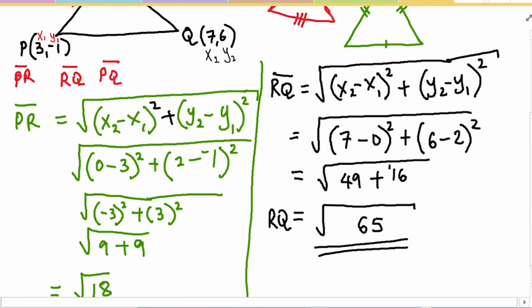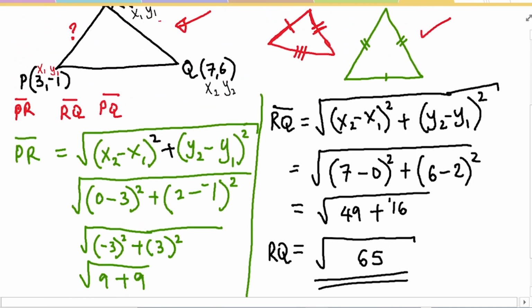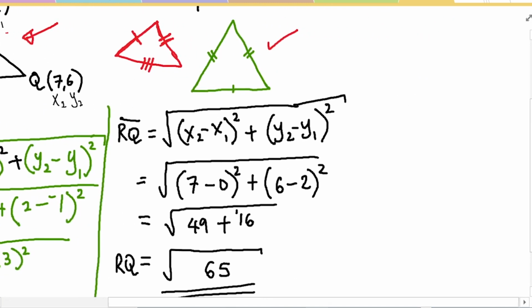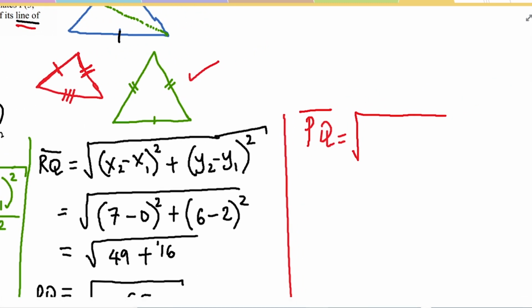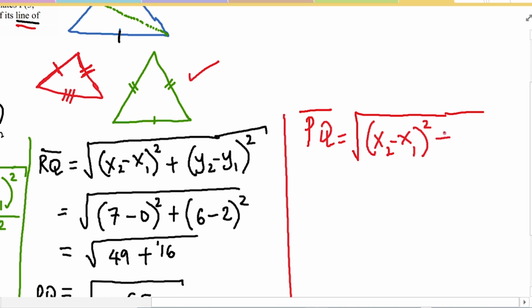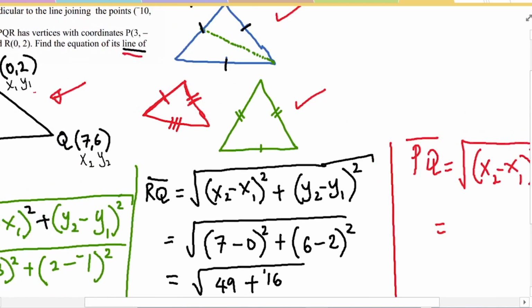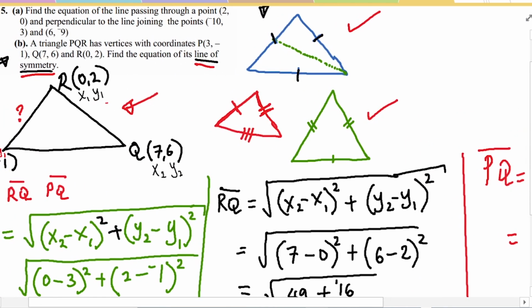Okay, so let's go on and get the remaining side, which is PQ. So line PQ, again, we are going to use the same formula: x2 minus x1 plus y2 minus y1. So what is our x2 and what is our x1? Let's find out. We're looking at PQ.